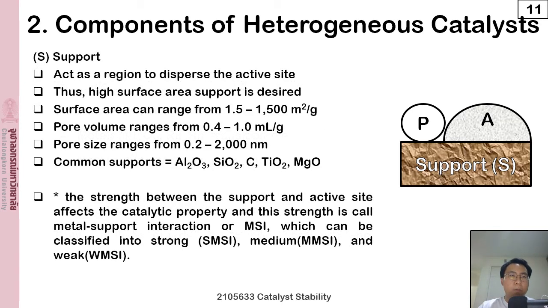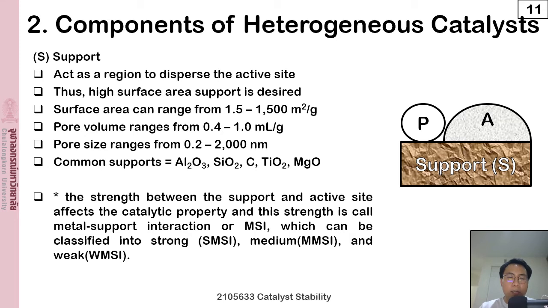The second component is the support. The support acts as a region to disperse the active site, as I mentioned earlier. For this case, a high surface area is desired, and a good support should have a high surface area. Also, we could see that the pore size and pore volume vary from support to support.